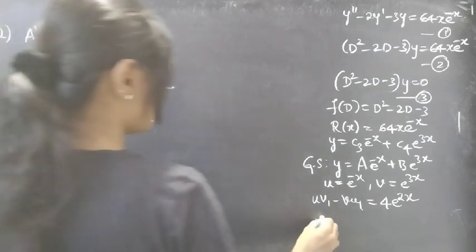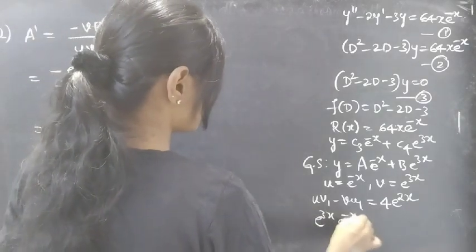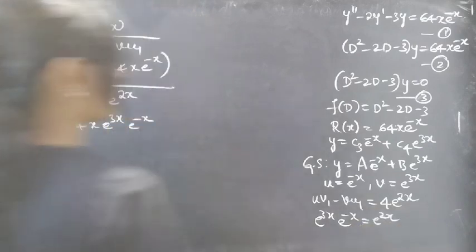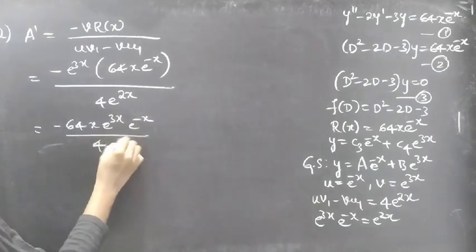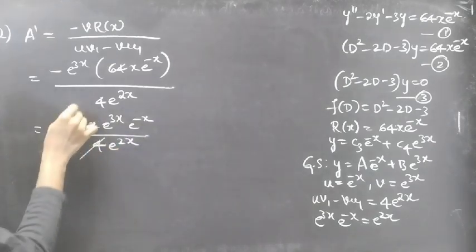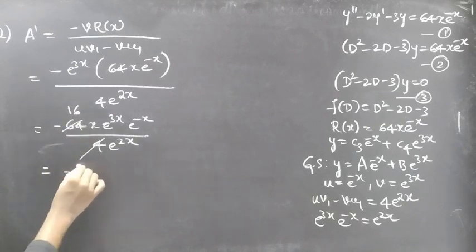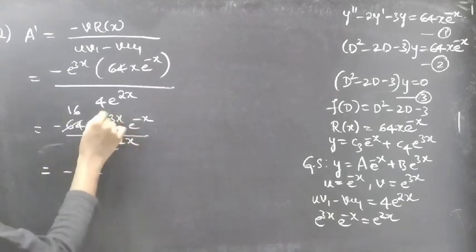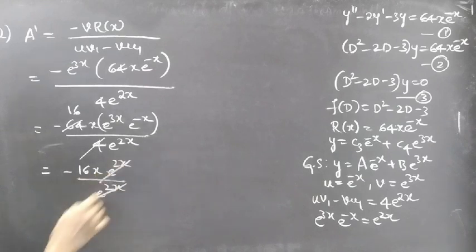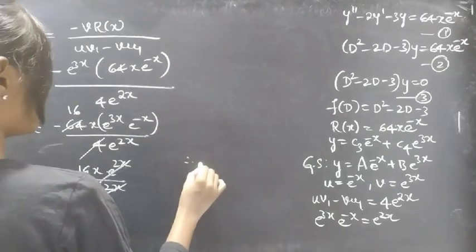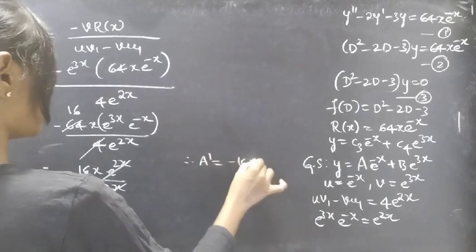Since we know that e power 3x into e power minus x is e power 2x, by 4 e power 2x, 4 ones are 4, 16s are 16. This equals minus 16x. e power 3x into e power minus x can be replaced with e power 2x by e power 2x. e power 2x gets cancelled and we get a dash equals minus 16x. Therefore, a dash equals minus 16x.